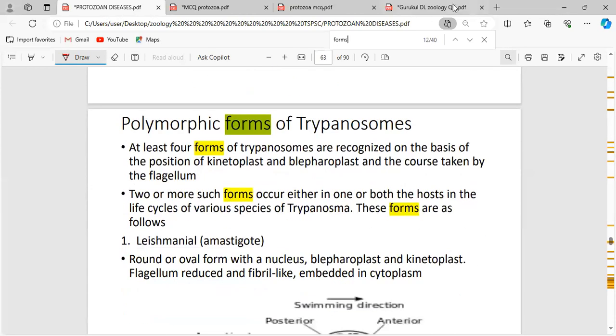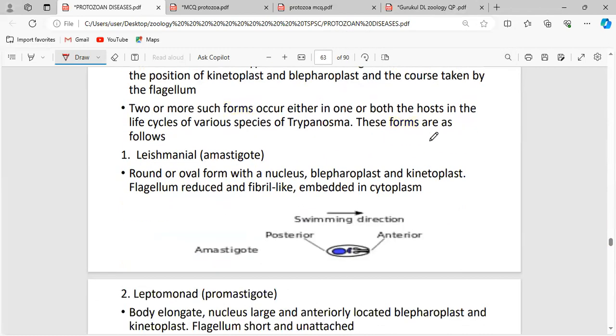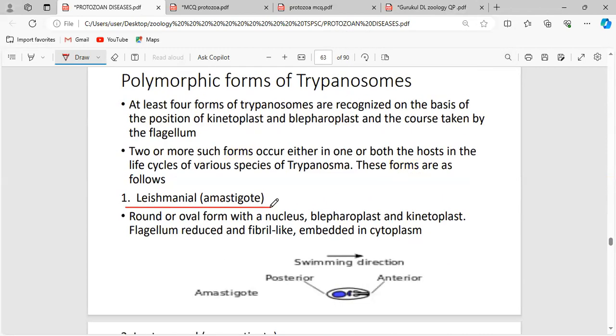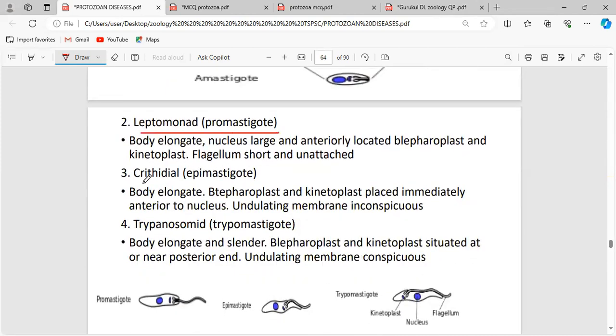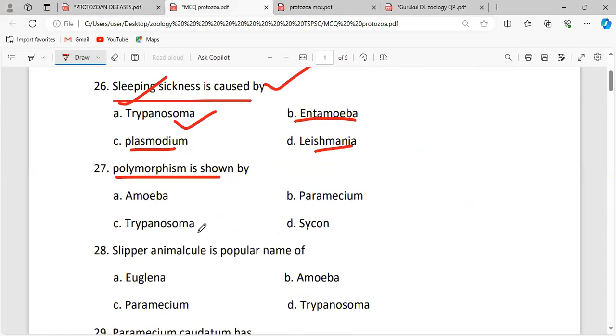See, polymorphic forms of the trypanosomes: leishmanial, amastigote, leptomonad, critidial, trypanosome. These are the different forms of the trypanosoma, right? Don't get confused, okay? This is the simple question. Okay, very good. If you read the PPT, you can easily answer the question.